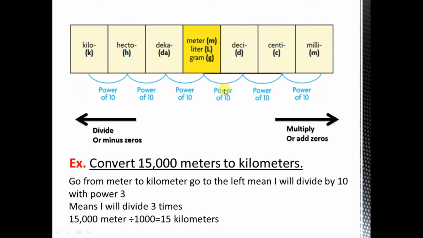So 15,000 divided by 1000. If you divide, I said we minus zeros. So I will minus the 3 zeros here. The final number here will be 15 kilometers.